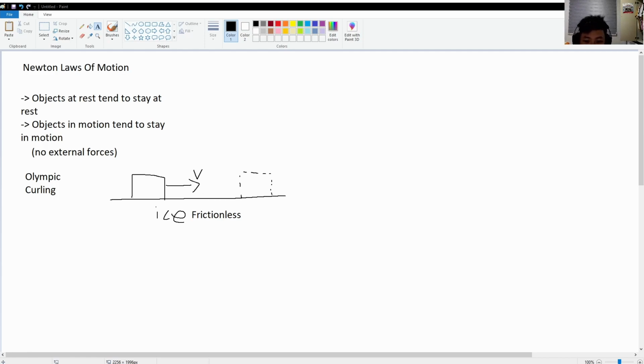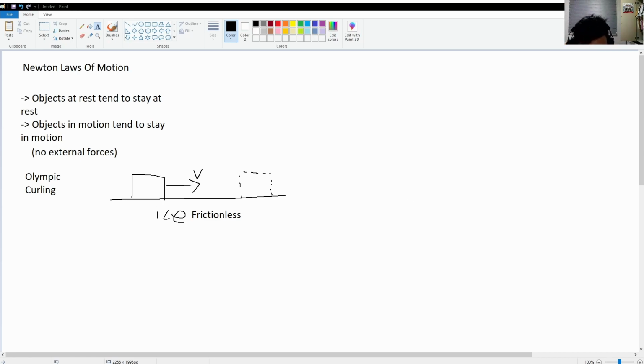But obviously, in the example of the object that I dropped earlier, we do have an external force, which is gravity trying to pull it down. So Newton's first law is really about no external force. Objects in motion tend to stay in motion.